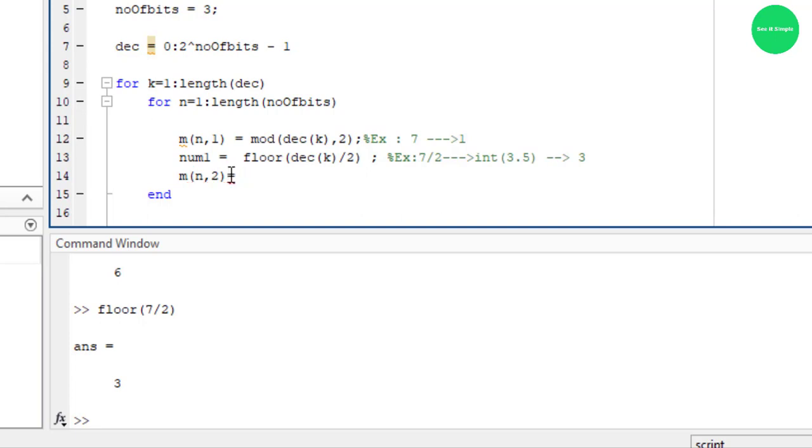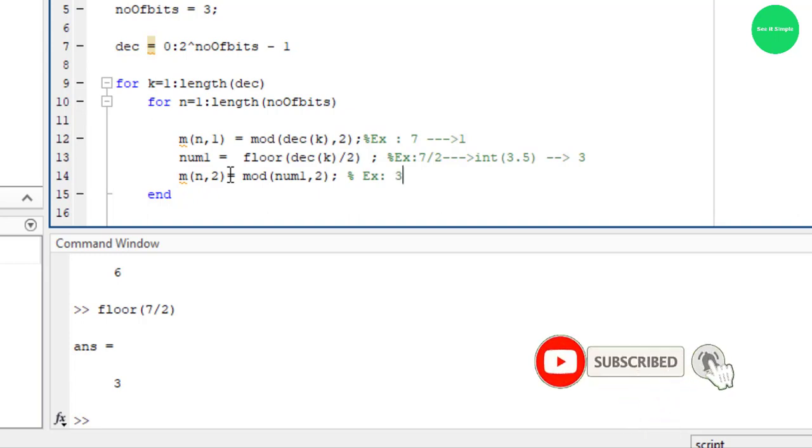Get the mod value of num1 by 2. For example, the 3. We get the mod value of 3, it becomes 1.